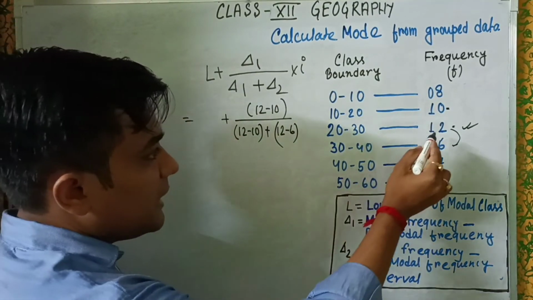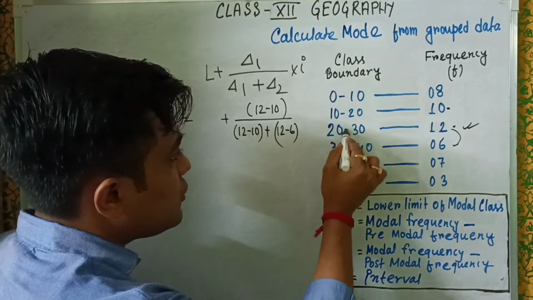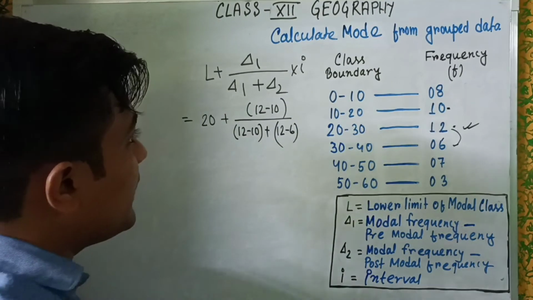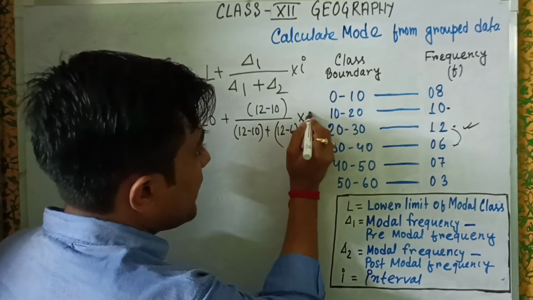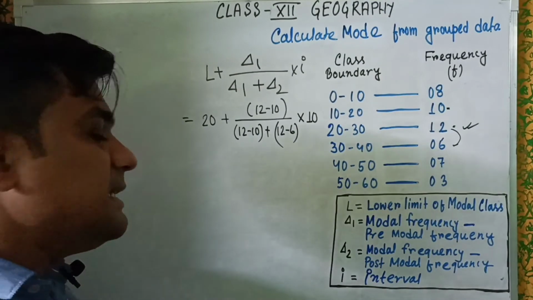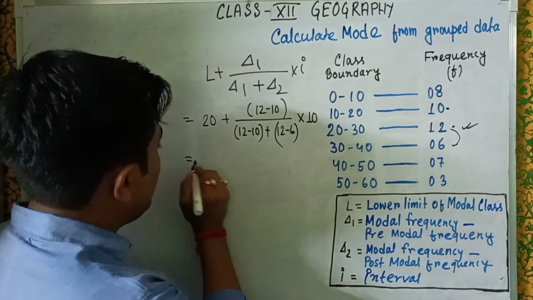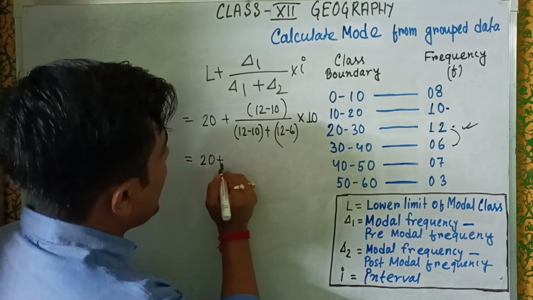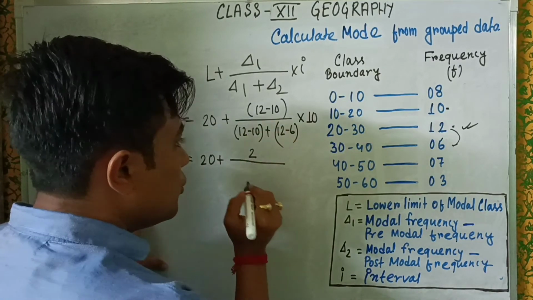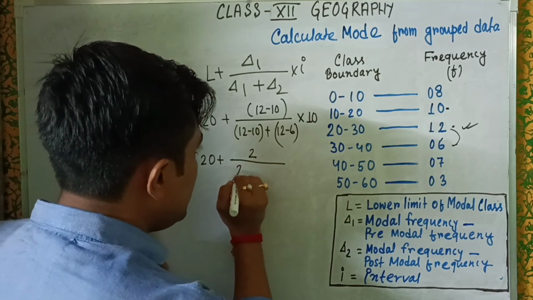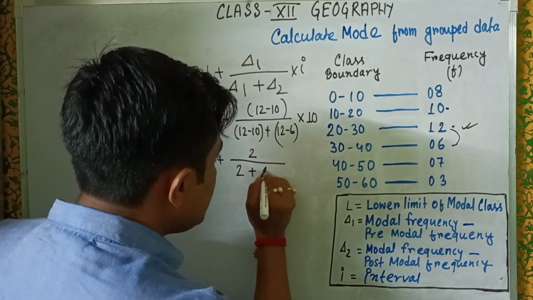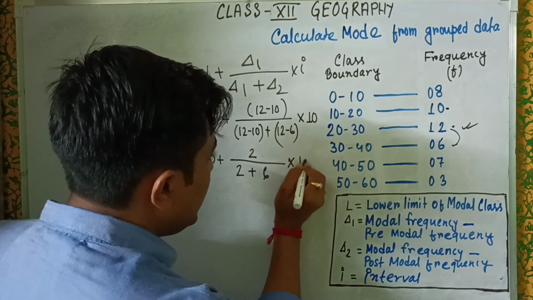We know that the modal class lower limit is 20, so in the place of L we write 20. In the place of I you write 10, because the interval 30 minus 20 is 10. Now calculate: 20 plus (12 minus 10 is 2) divided by (2 plus 12 minus 6, which is 6... that is 8) into 10.